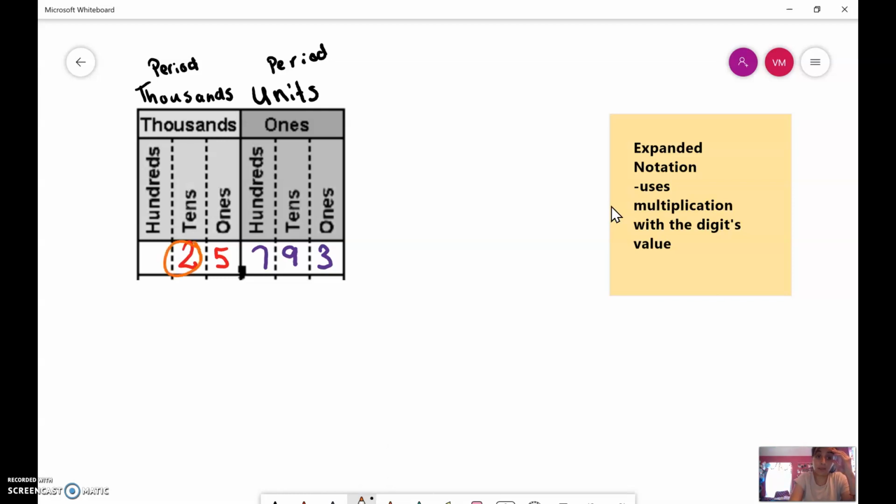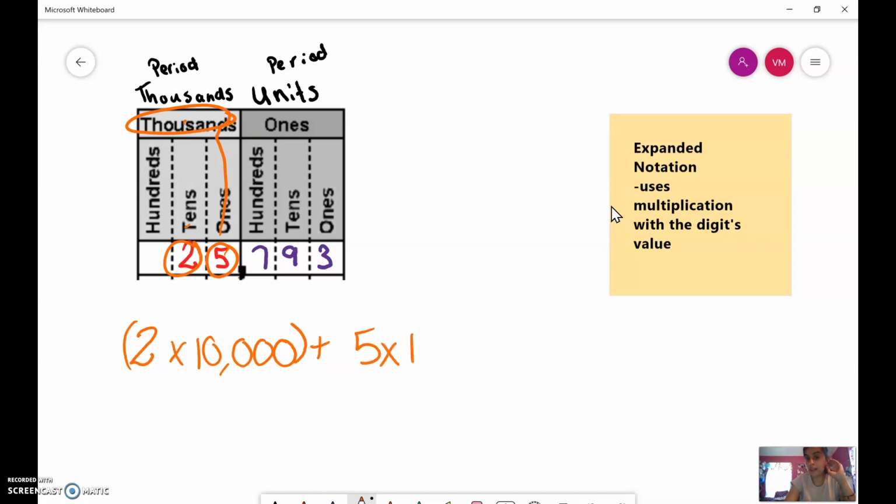So I have two 10,000s. I'm going to put two of those, but each of those units is worth 10,000. Now I put a parentheses. Now I'm going to add the next value. So I have 5 of the thousands, because it's just 5 ones. So 5 of the thousands block, and that's 5,000.